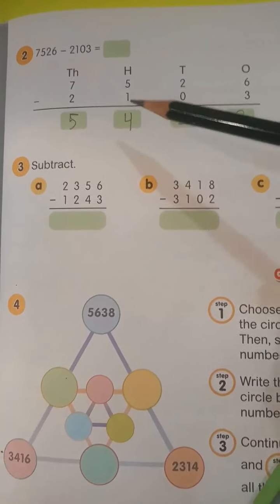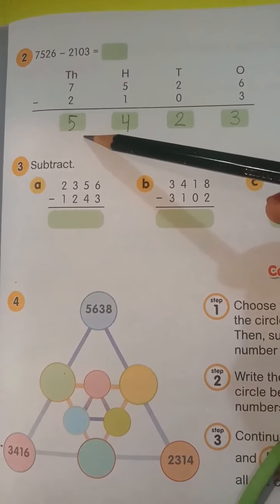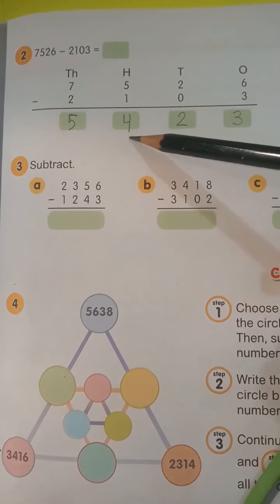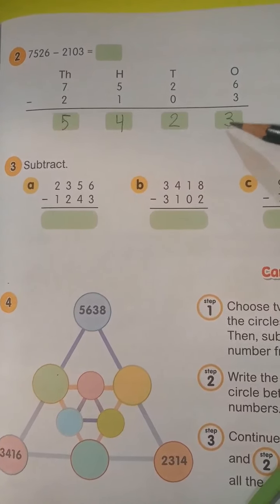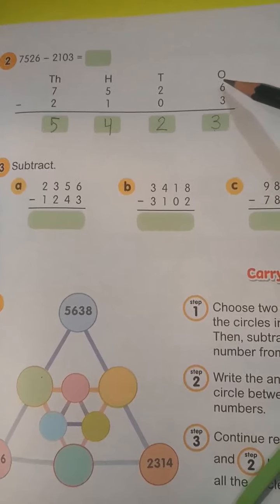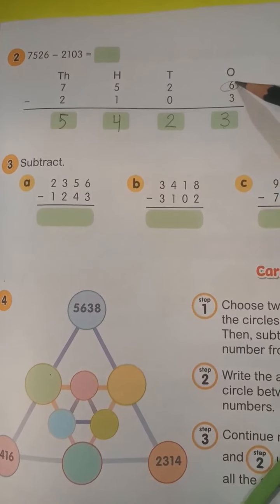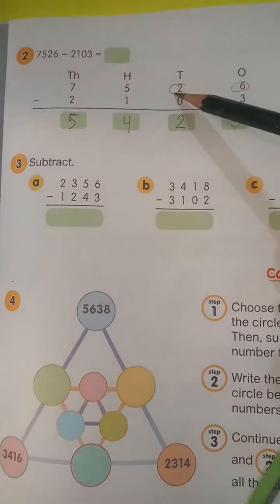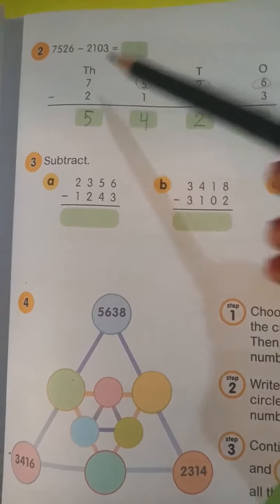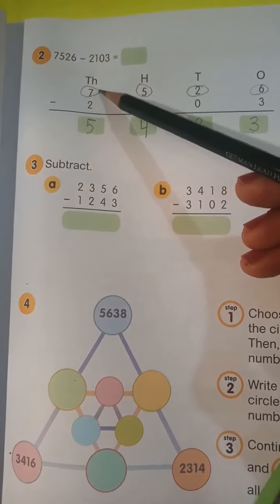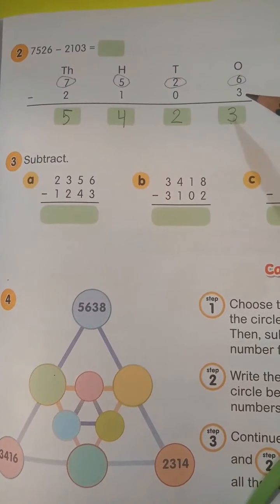So, the difference is 5,423. We found that all of the digits in this simple subtraction are great enough to be subtracted from the smaller numbers.